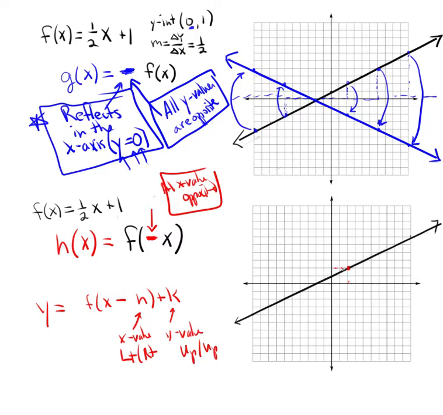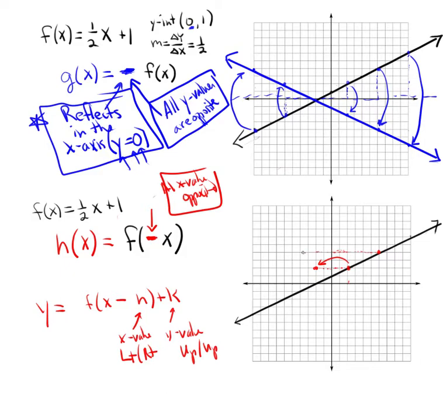If this x value was over 2, it's now going to be over negative 2. So that reflection happens across the y-axis. If I grab another point right here, the x value is 6, so it's going to be 6 over to the other side.